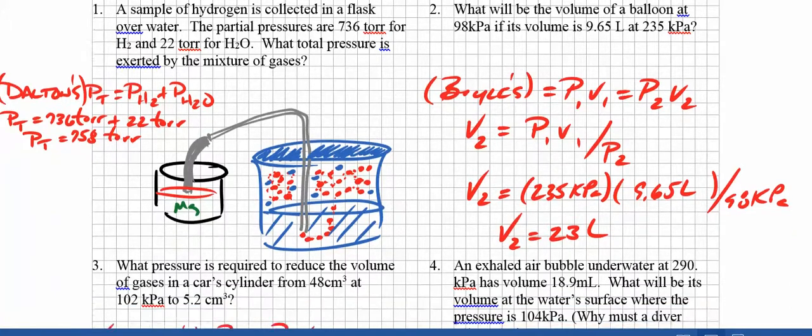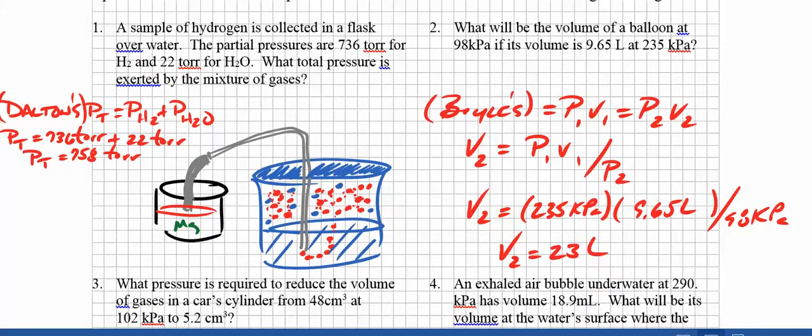Number 2 says, what will be the volume of a balloon at 98 kilopascals if its volume is 9.65 liters at 235 kilopascals? Now what we're going to have to do this time is take a look at another law called Boyle's law. Boyle's law is the relationship between pressure and volume, and we'll find that it is an inverse relationship.